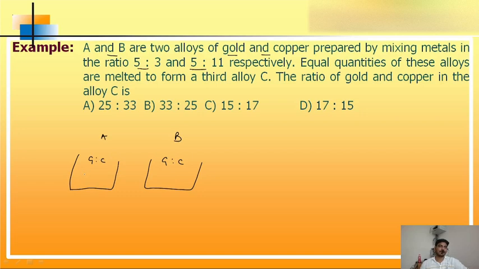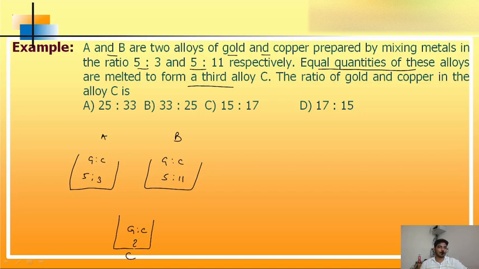Next, equal quantities of these alloys are melted to form a third alloy. So there is a new alloy, alloy C, which also contains gold and copper.